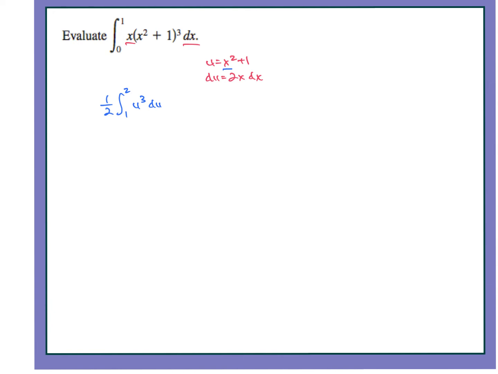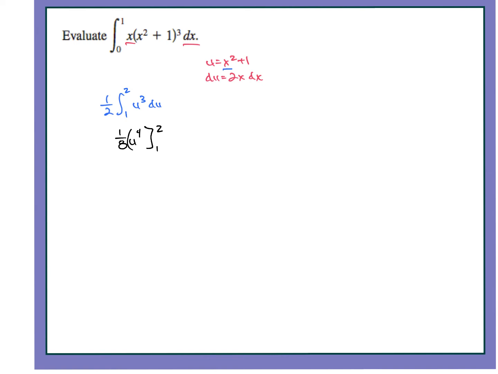So then what is my antiderivative? u to the 4th over 4. So 1/4 times 1/2 is 1/8. So now I have 1/8 u to the 4th from 1 to 2.